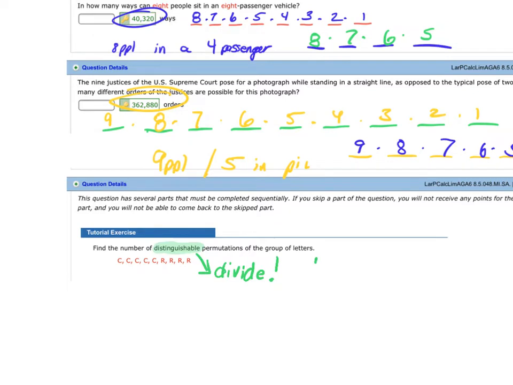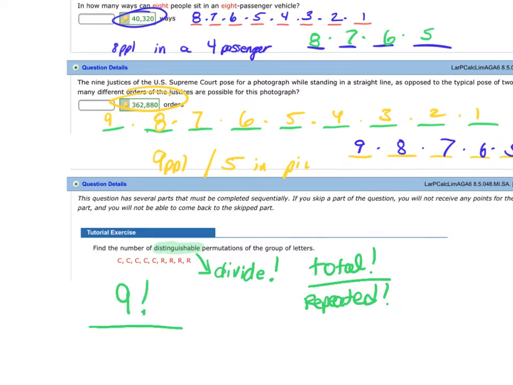Because the way that we do this, it's the total factorial over repeated factorial. Meaning, how many letters do they give us? How many total letters are there? 9 letters. So it's 9 factorial over.